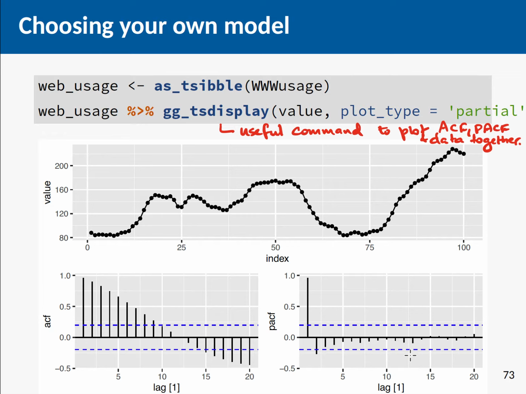Let's take a look at web usage, and this data is displaying some kind of a trend in recent years, but we can try to look at its PACF and ACF structure. You can do this by the gg_tsdisplay command. Again, a very useful command to plot the ACF and the PACF data together. If you want the PACF to appear here, you need to put this extra argument which says plot_type equals partial, and plot this.